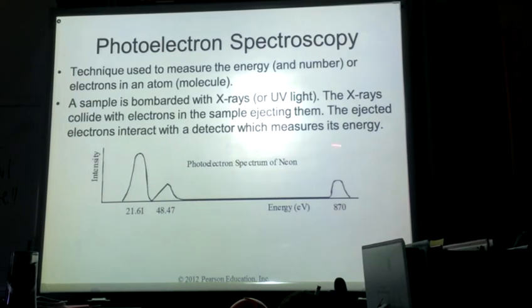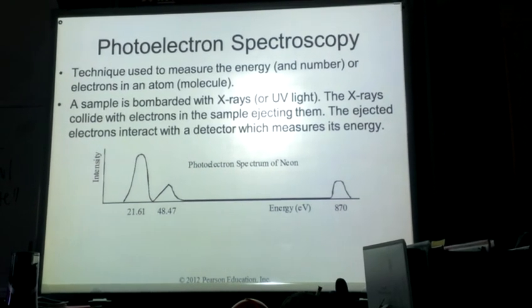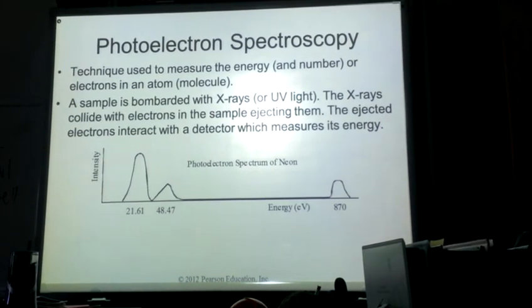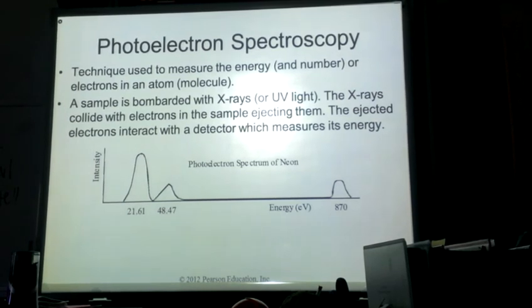So these are going to show, whenever they interact with the detector, a lot more energy because I'm going to need to give them a lot more excitement before that atom will eject those electrons. There's a lot more Coulombic attraction happening between these electrons and the nucleus than there are between these electrons and the nucleus, okay? So that's how we're going to read a photoelectron spectrum.